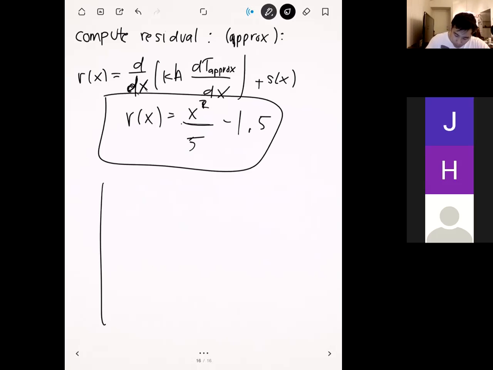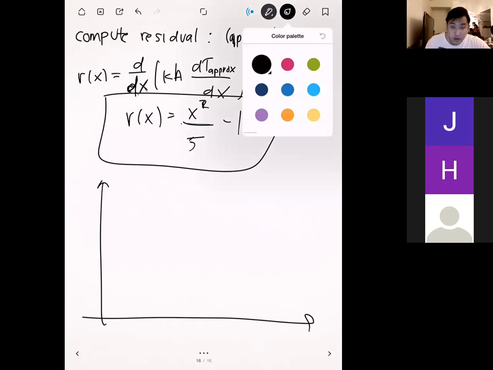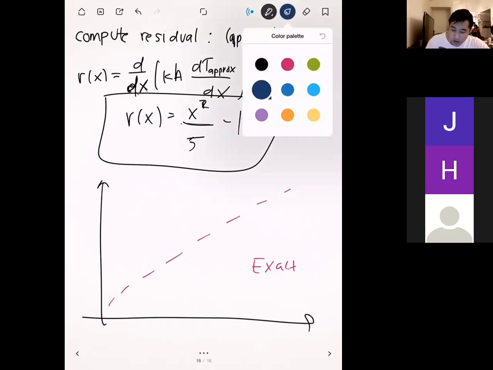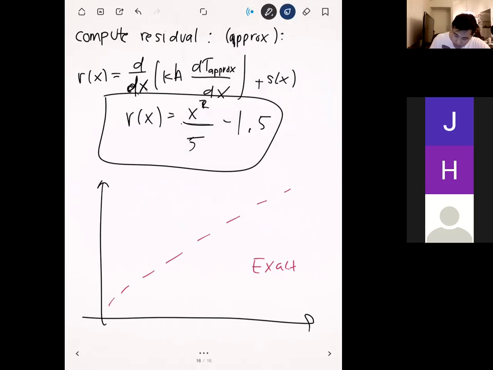Another way to see the differences between the approximate and the exact is simply to plot them out. Let's say our exact solution is given in the red right here. But if we plot our approximate solution on top of it, it might look something like this.